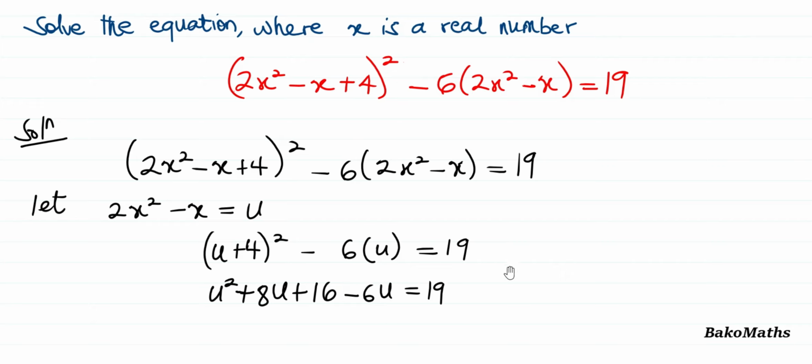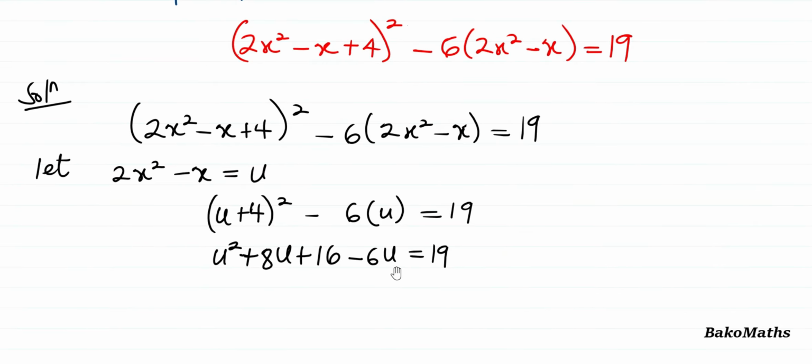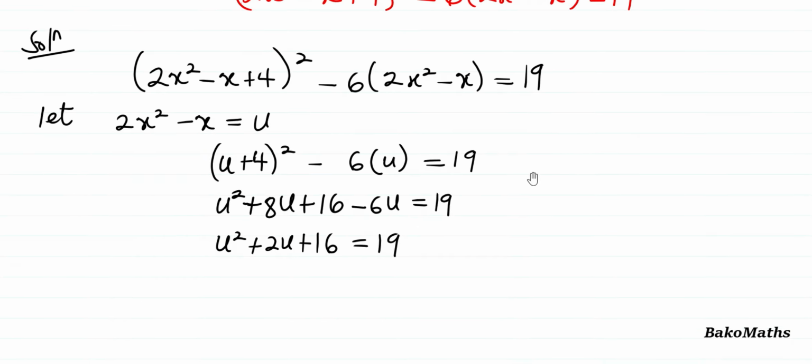Now what we can see here is that there is 8u and then minus 6u, which we can combine. Here we have u², and then 8u minus 6u gives us plus 2u. We have our plus 16 equal to 19. Now we can transpose the 19 to the left hand side, and that gives us u² + 2u + 16 − 19 = 0.